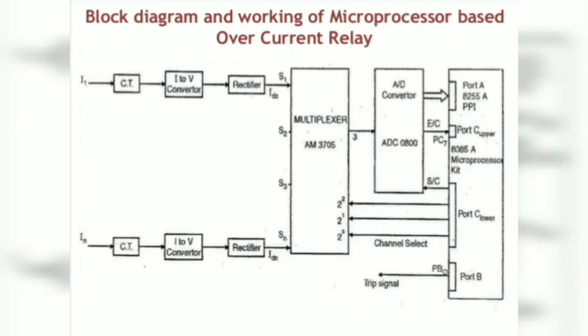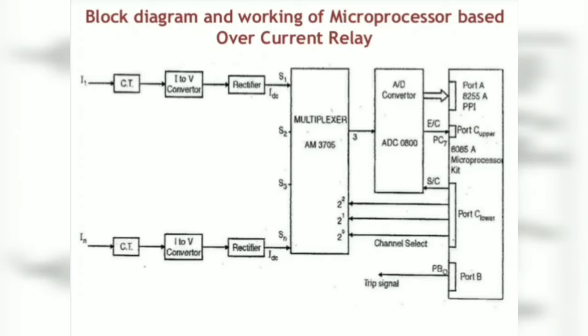As soon as conversion is over, the microprocessor reads the current signal in digital form and then compares it with the pickup value. Pickup value means our desired value. The microprocessor first determines the magnitude of the fault current and then selects the corresponding time of operation from the lookup table which we already programmed in the microprocessor. So it will compare with that value.